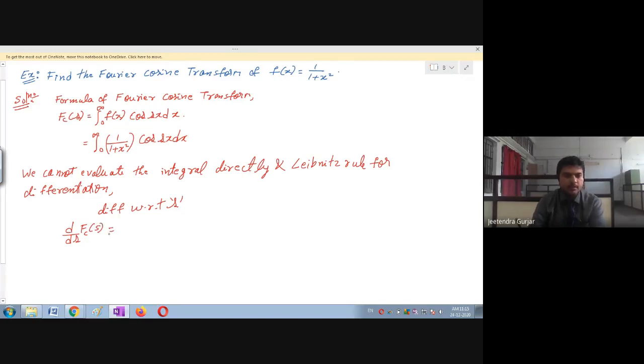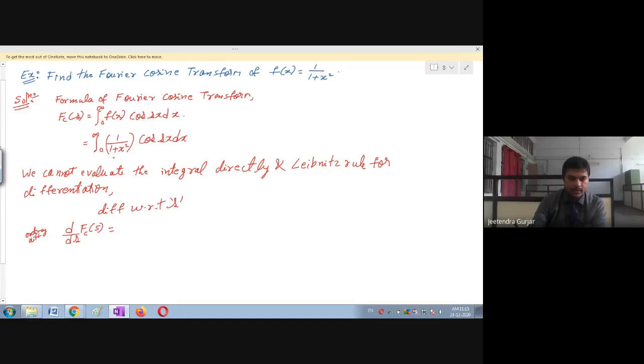Is it clear? So now I'm going to differentiate. But what the Leibniz rule says, whenever there is no integral sign, then we take ordinary differentiation. Please remember, ordinary differentiation we are going to use.